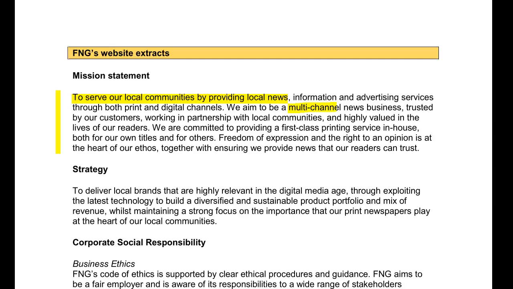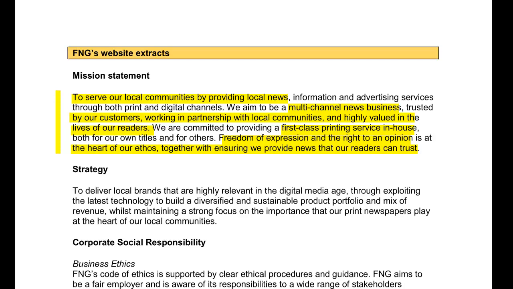How we're going to compete is by being a multi-channel business that is trusted by our customers and works with them to provide a high value. And we are committed to providing first-class printing, freedom of expression, and right of an opinion to ensure that we provide news our readers can trust. So we can see those are present. We are existing to serve the local community by providing them with all the information they need.